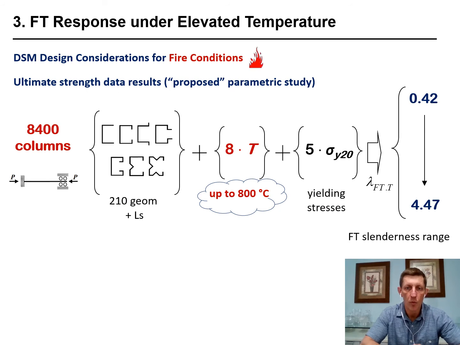Now, in order to provide some DSM design considerations for fire conditions, the ultimate strength data results from a proposed parametric study involving 8,400 columns obtained from the combination of 210 geometries and lengths, 8 temperatures, and 5 yield stresses, with an FT slenderness range from 0.42 to 4.47.